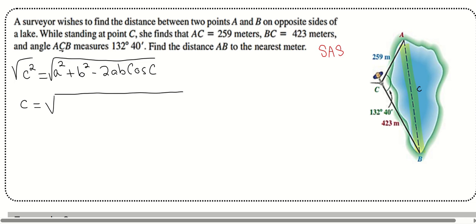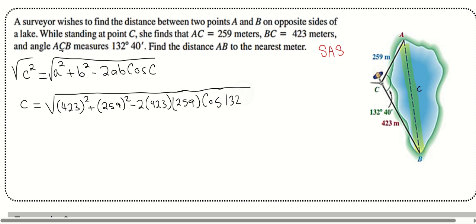So A squared, A happens to be 423 meters. B happens to be 259 meters. So it's squared minus 2 times 423 times 259 all times cosine of that, which is 132 degrees and 40 minutes.